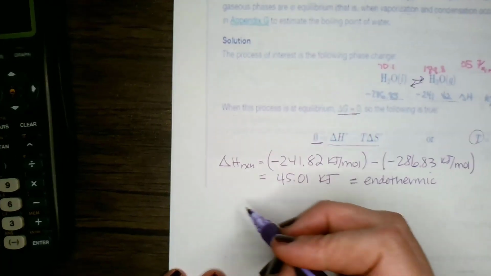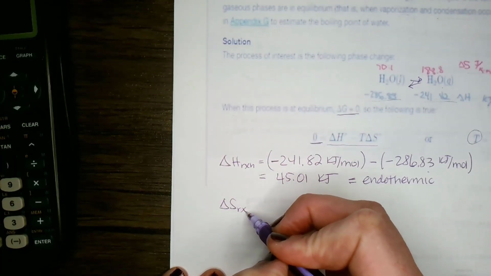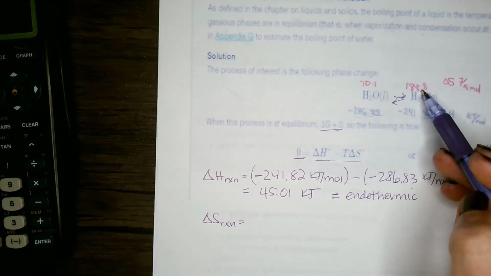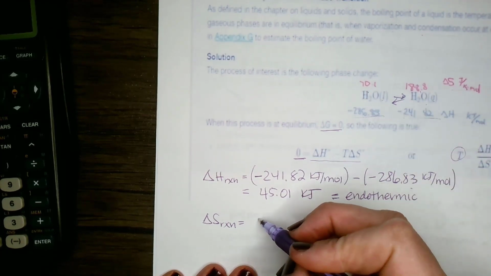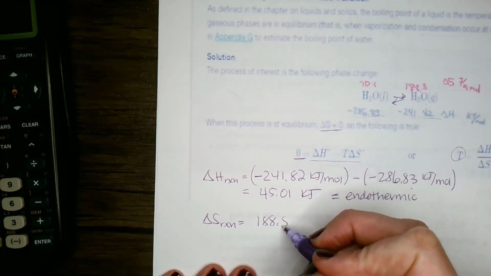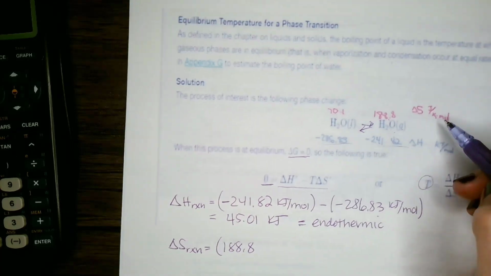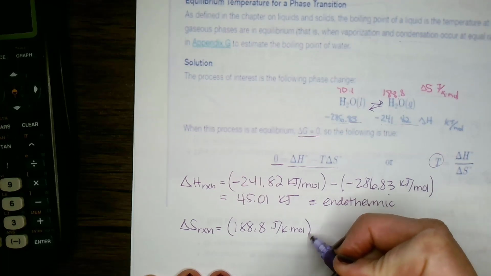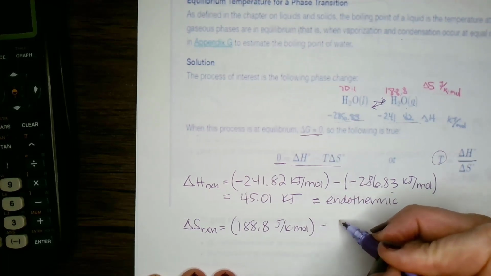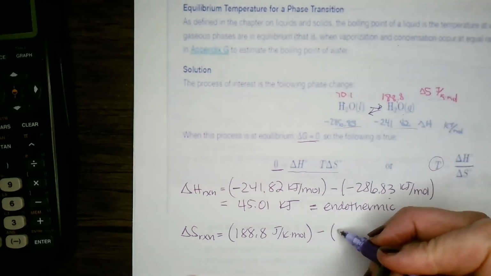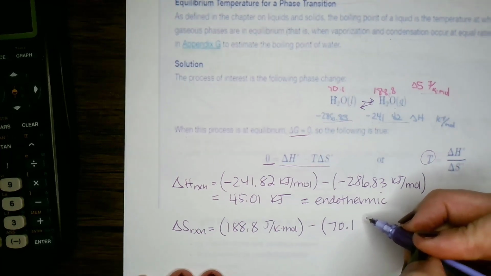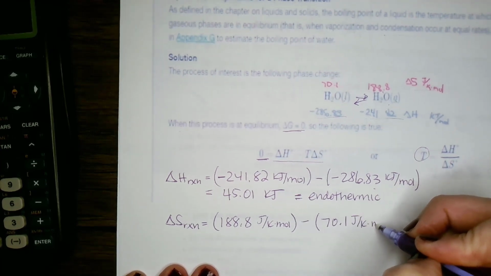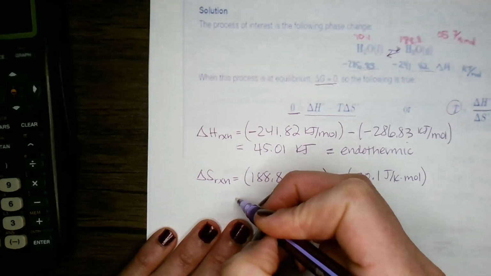Now we need to find our delta S. Again, we're going to do products minus reactants. We have 188.8, and remember, delta S, entropy, is in joules per Kelvin mole. So products minus our reactant, which is 70.1 joules per Kelvin mole.